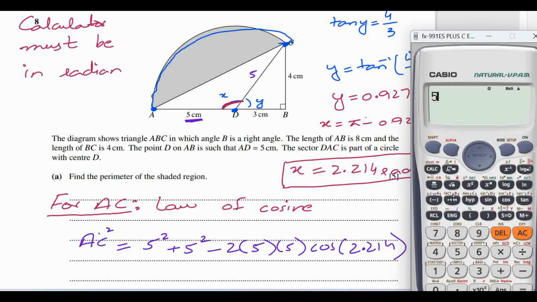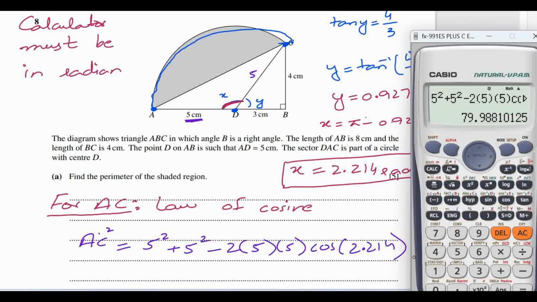We can use the calculator. So this will be 5 square plus 5 square minus 2 into 5 into 5 into cos of 2.214, bracket close, and this will be equal to 79.98.